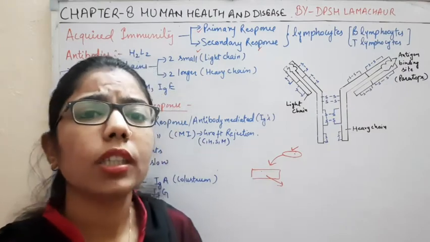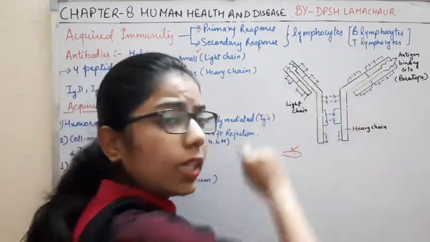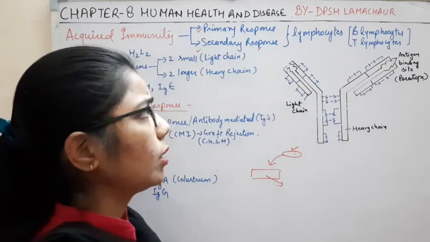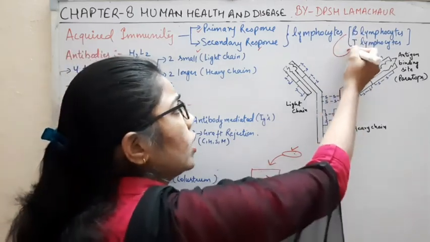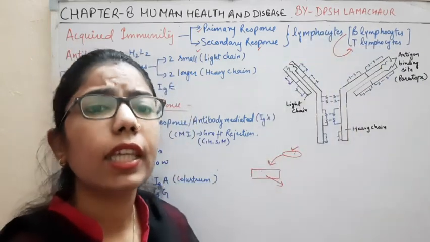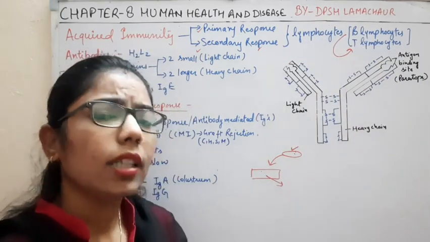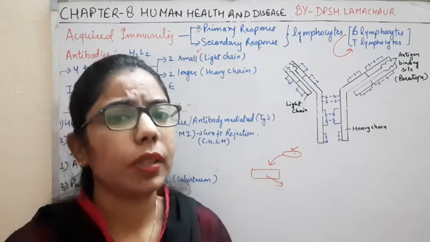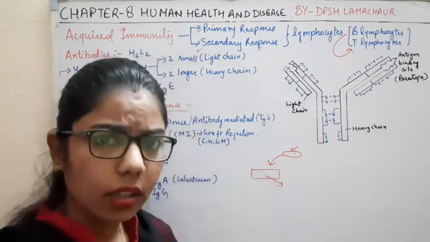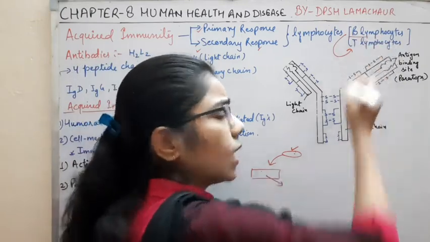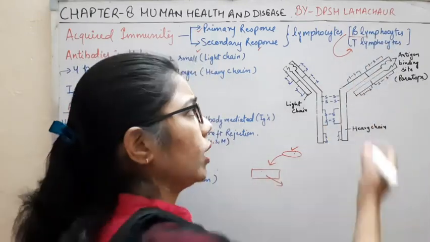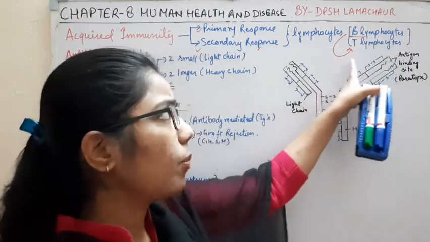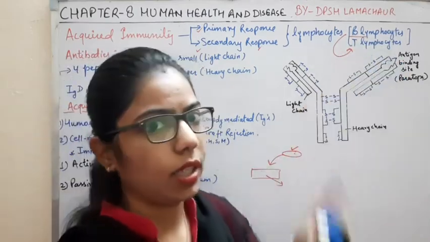The antibodies form in the B lymphocytes or B cells, and for their maturation they go to the T lymphocytes, or we can say the thymus. Thymus is a gland which is present just beneath our heart. So these B cells, after forming the antibodies, mature here, but more maturation takes place in the T lymphocytes.